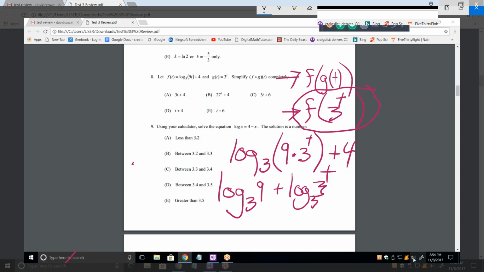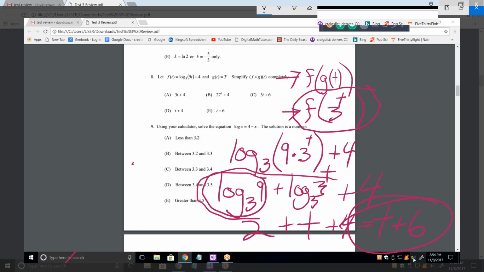In other words, I merely separate it, plus 4. Okay? Now that is 2. Right? 3 squared is equal to 9. That is t, and that is 4. And that still gives me t plus 6. Without anything fancy like having to break the 9 up into 3 squared. Just by separating it into 2 log statements solves the problem.